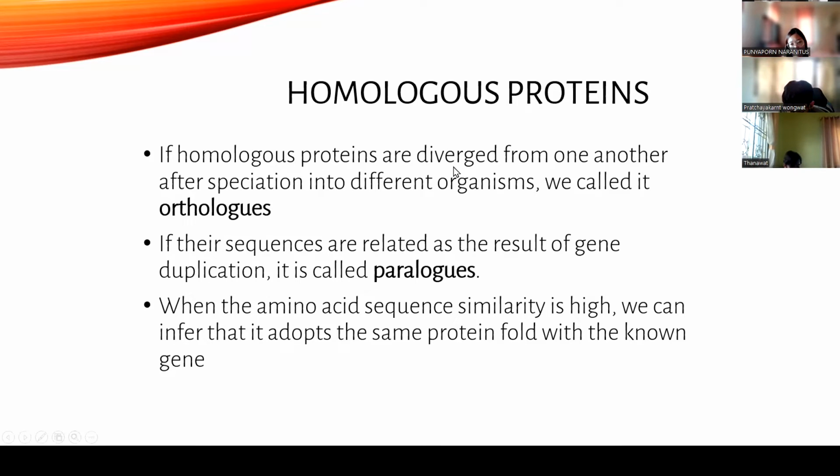When amino acid sequence similarity is high, we infer that it adopts the same protein fold as the known genes. So basically, we want to find amino acids that are very high in sequence similarity to infer that they have the same function, either in the ortholog fashion or in the paralog fashion.